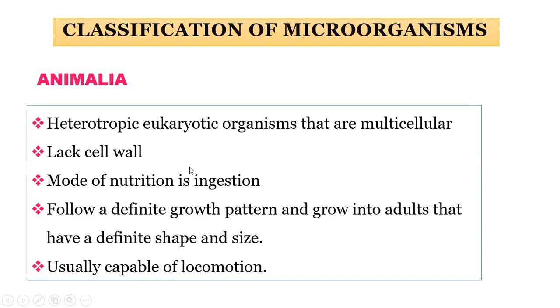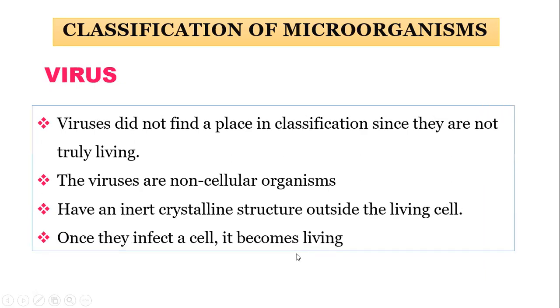They follow a definite growth pattern and develop into adult organisms with a definite shape and size. And usually they are capable of locomotion. All animals are capable of locomotion.